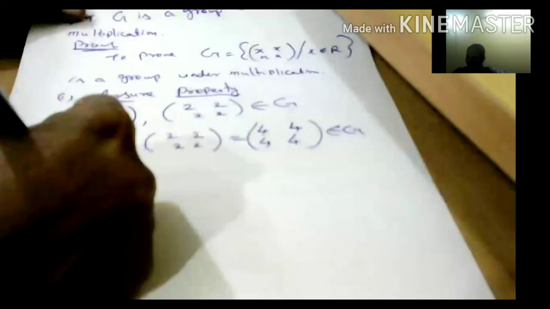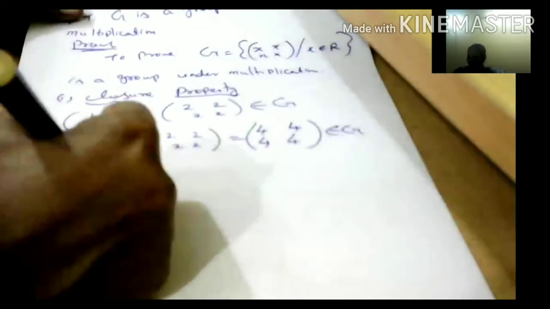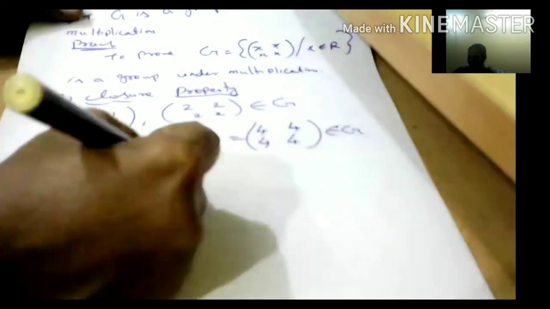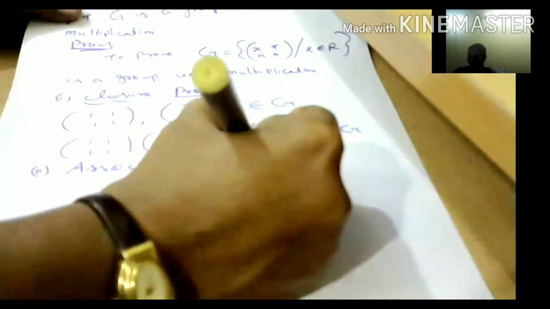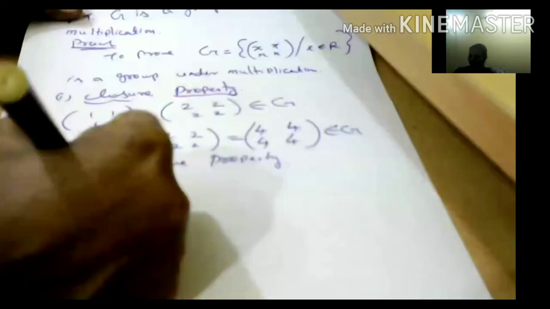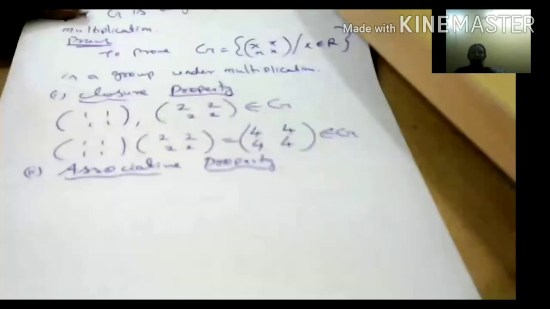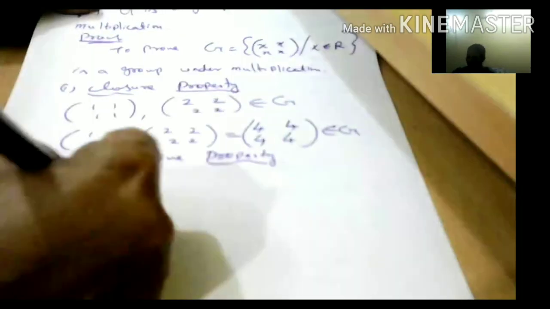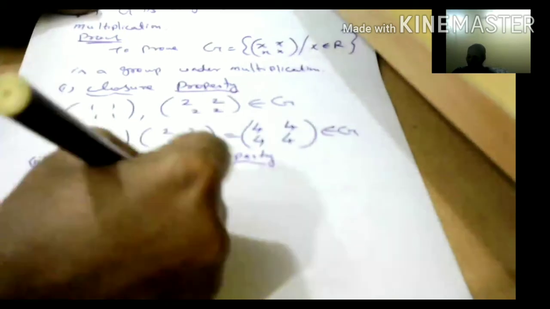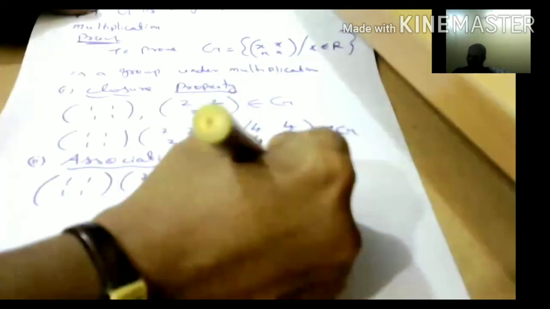Then check the second property, associativity. Consider three elements from capital G. Take the matrices 1, 1, 1, 1, then 2, 2, 2, 2, then 3, 3, 3, 3.